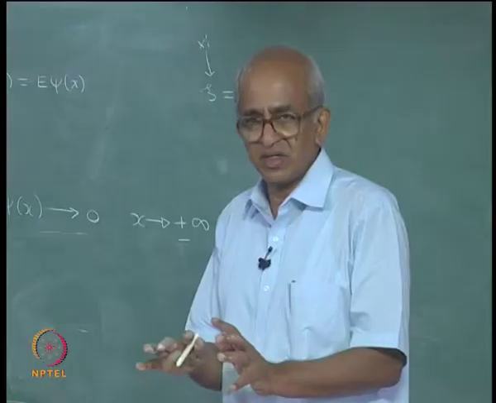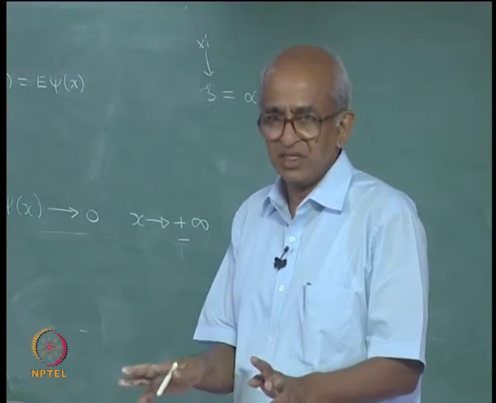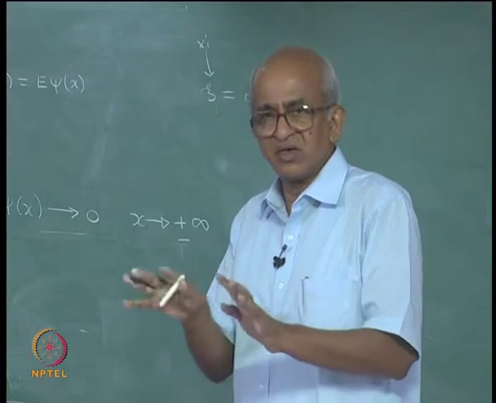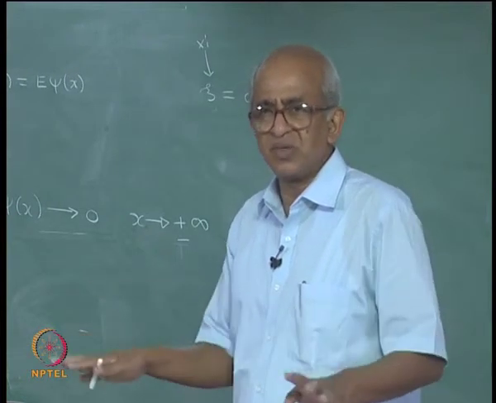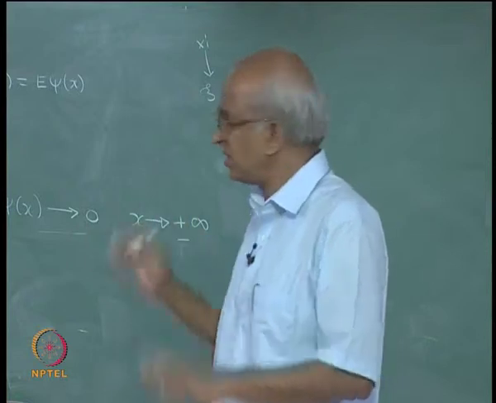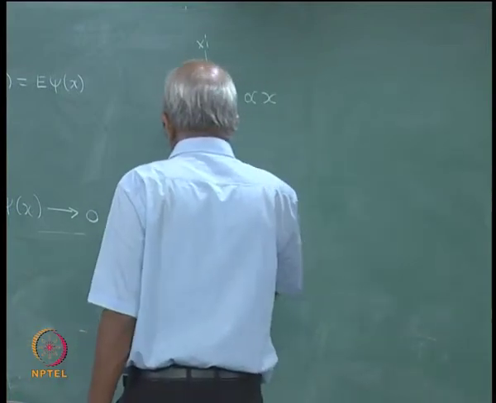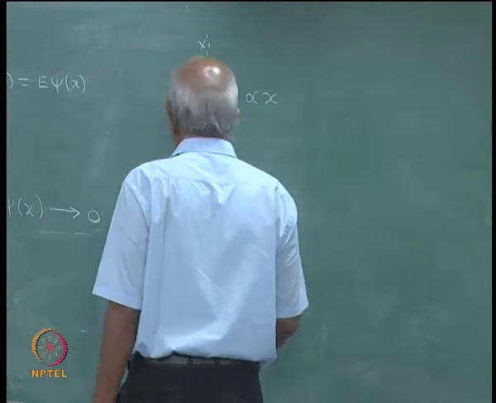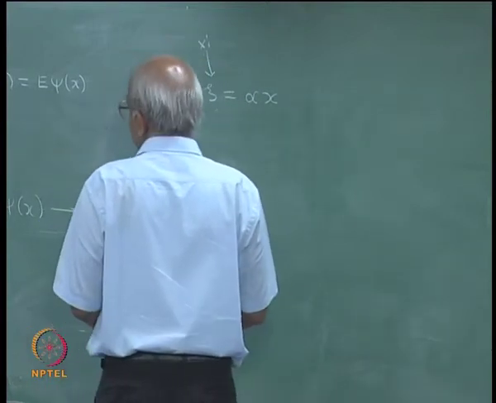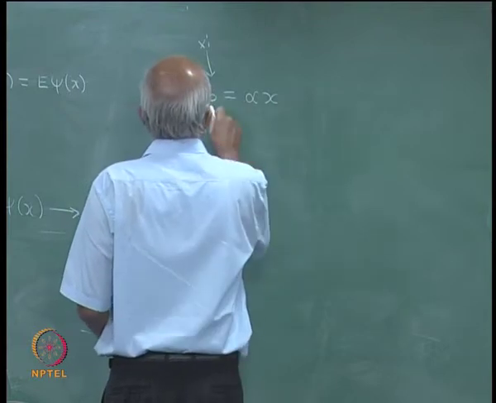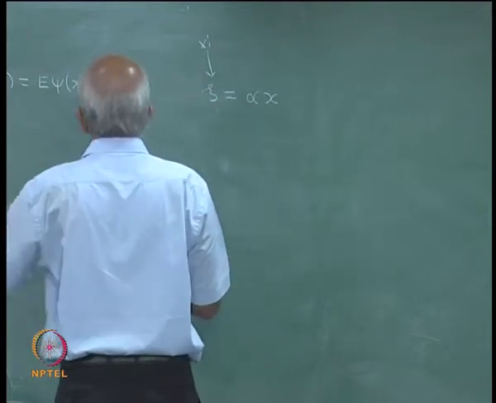Alpha is a constant, I am going to determine it, and I will determine it in such a fashion that the equation has the nicest possible appearance. That is the way in which I will do it. So, if you introduce such a variable, what will happen?